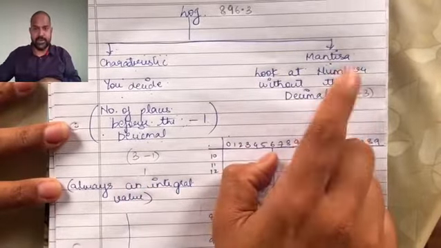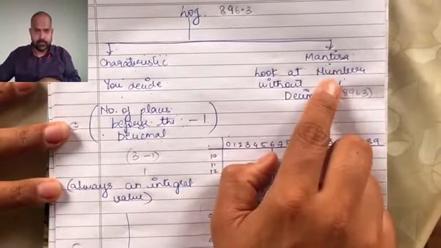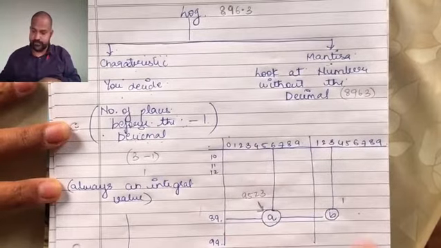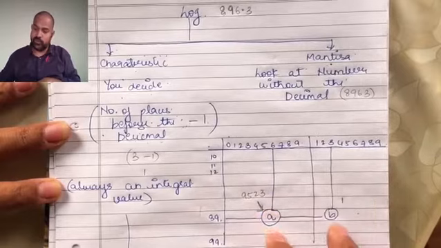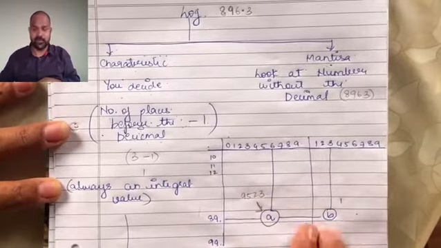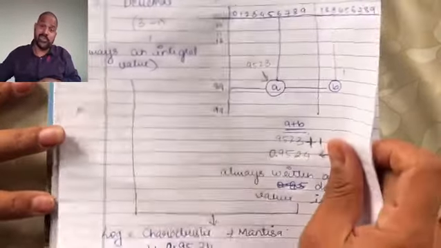The mantissa on the other hand: you look at the number without the decimal. No matter where the decimal is, remove the decimal and now look at the number without the decimal. The first two digits are seen in the first column, the next digit in the next column, and for the next digit, you will look for the value there and add these two values. The characteristic is always an integral value.